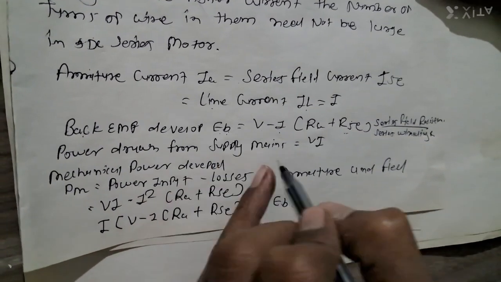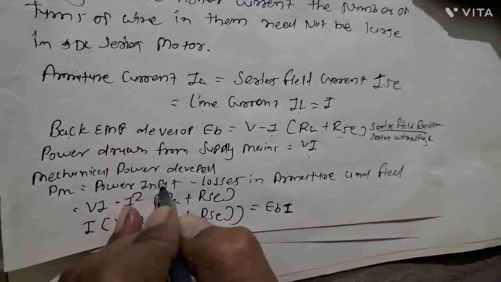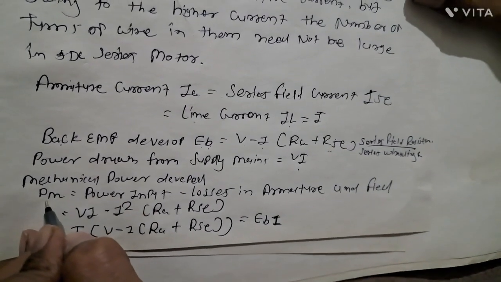So power drawn from supply means VI, and mechanical power developed PM.